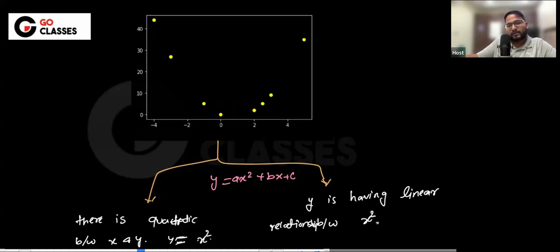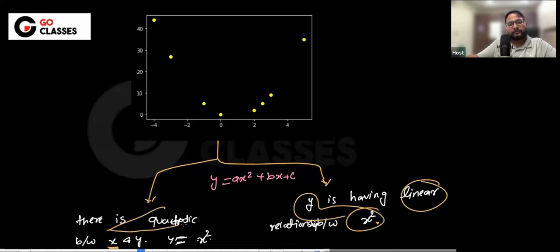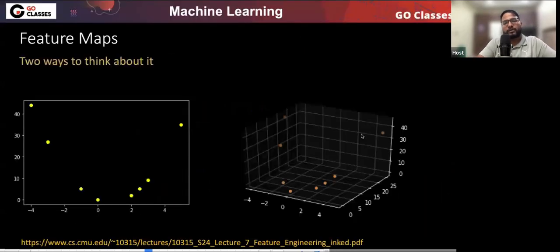So what I'm saying is, whenever you say quadratic, you are talking about x and y. But whenever you say linear, you are talking about x square and y. Understood. Great.